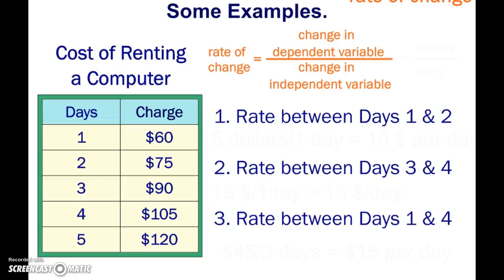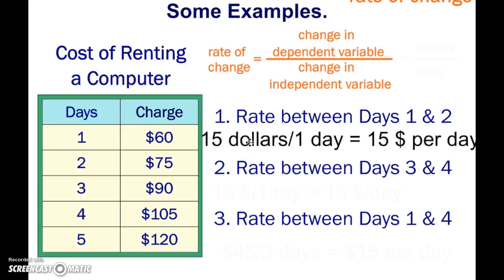Okay, the rate of change between day 1 and day 2. Well, that's 15 to 1, which is $15 per day. And that's how we would say that rate of change. Between days 3 and 4, there again, that's $15 per 1 day. $15 per day, just written as a fraction there instead of putting the word per in there.